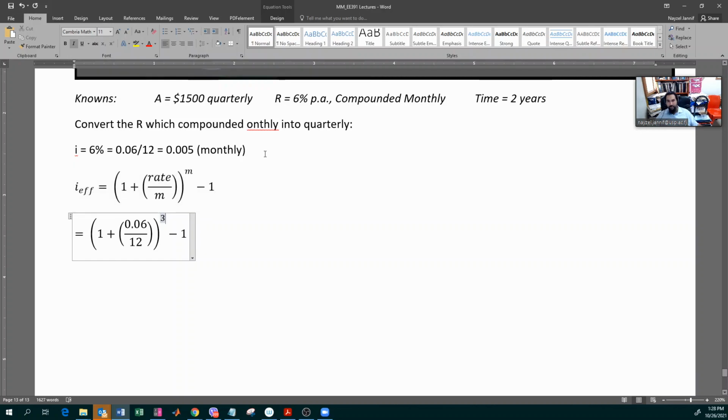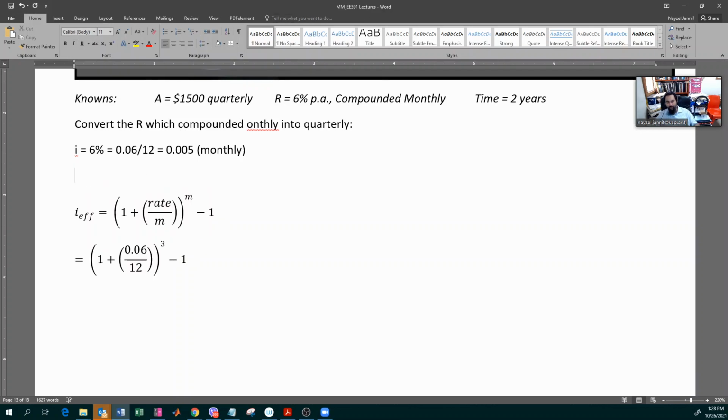Why did we bring this down into a monthly format, dividing 0.06 by 12? We've got to bring it into a monthly format and then put it to the power of 3 because it's 3 months per quarter. That's the explanation. So what do we get over here, guys? Answer?